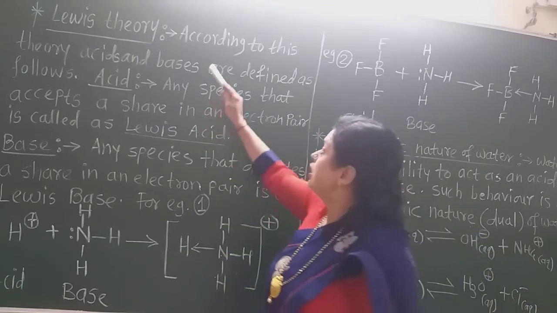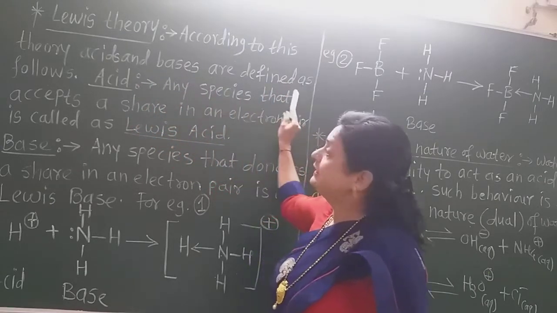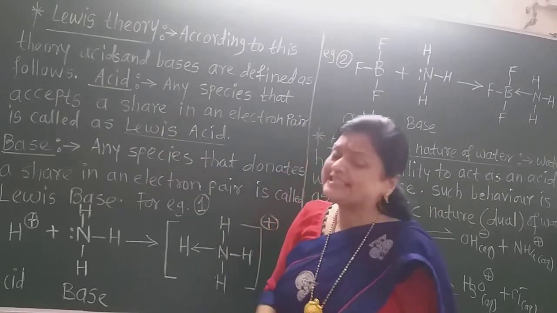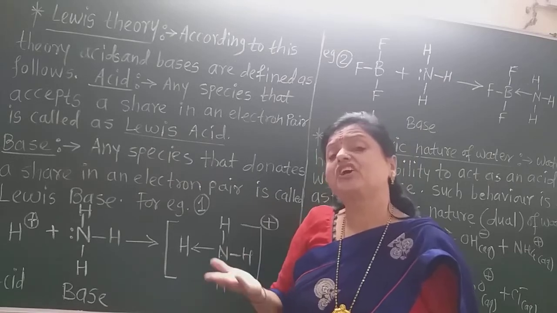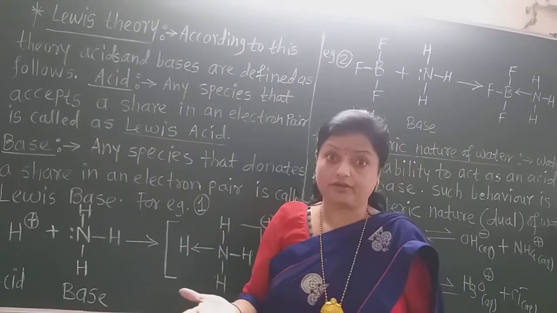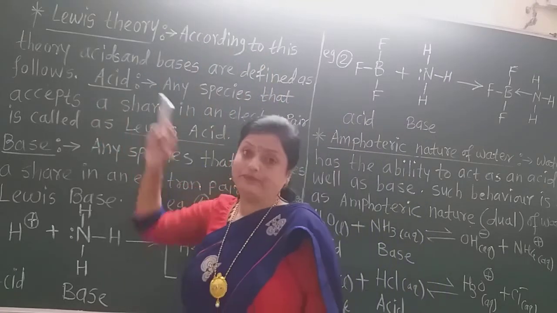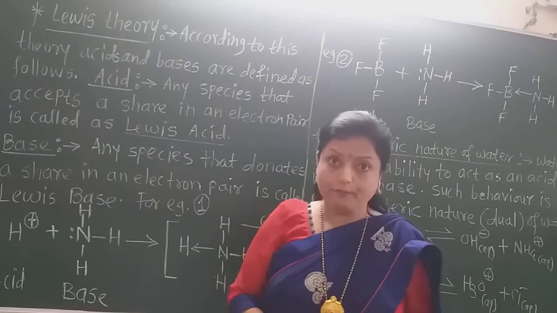According to Lewis theory, acids and bases are defined as follows. An acid is any substance which can accept a shared electron pair.